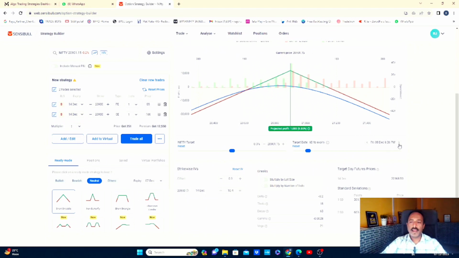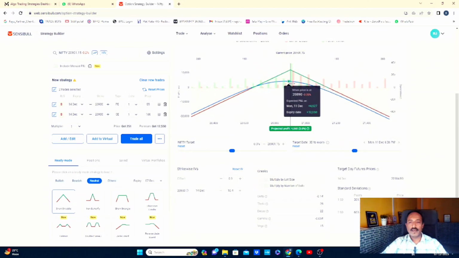Like that, say if you do it on Friday, and on Monday it again closes at 20,900, you already get about 3% returns. You will have 4,500 if the market closes there.